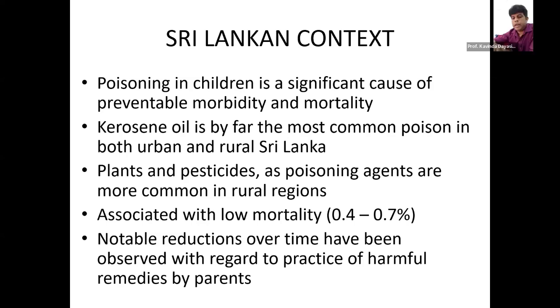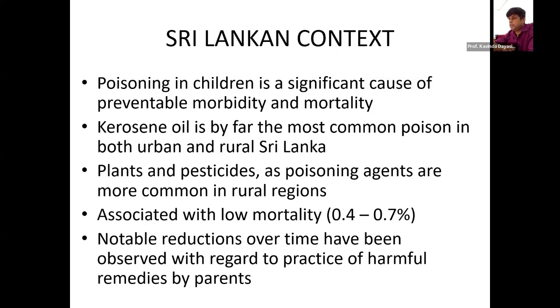Household plants are by far the most common agents seen in urban and rural territories implicated in poisoning of children. For example, oleander is grown as a decorative, ornamental plant, and there are lucky plants. They are also grown, and people are not aware of the potential toxicity of these plants, and they are frequently grown in their home garden or sometimes inside their homes.